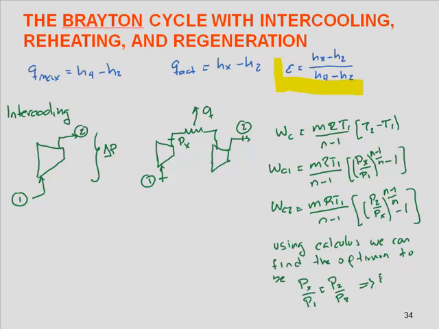That means that this intermediate pressure will be the square root of p2 times p1.